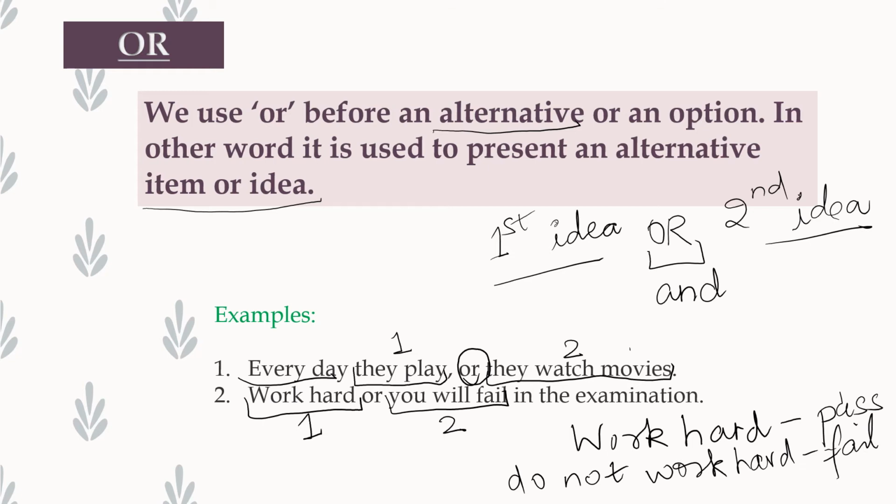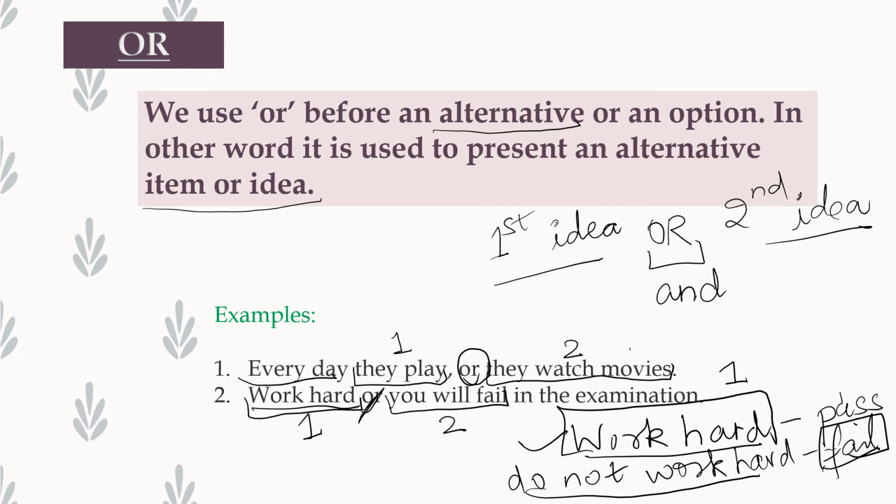उनको elaborate मतलब बड़ा करके नहीं लिखा, आपको समझ में आ जाएगा. फर्स्ट ऑप्शन है अगर वर्क हार्ड करोगे, if you work hard you will pass, और second option है if you don't work hard you will fail. So in the sentence we are only using this work hard, first option, or you will fail in the examination.